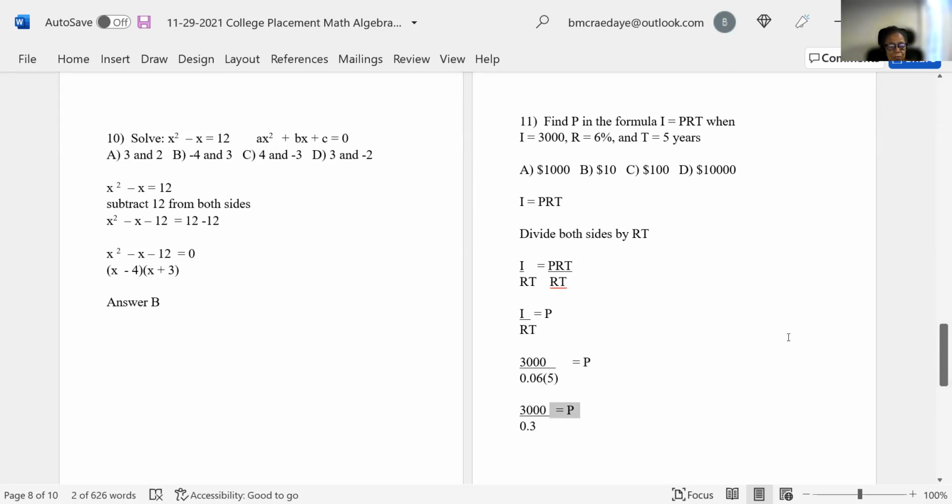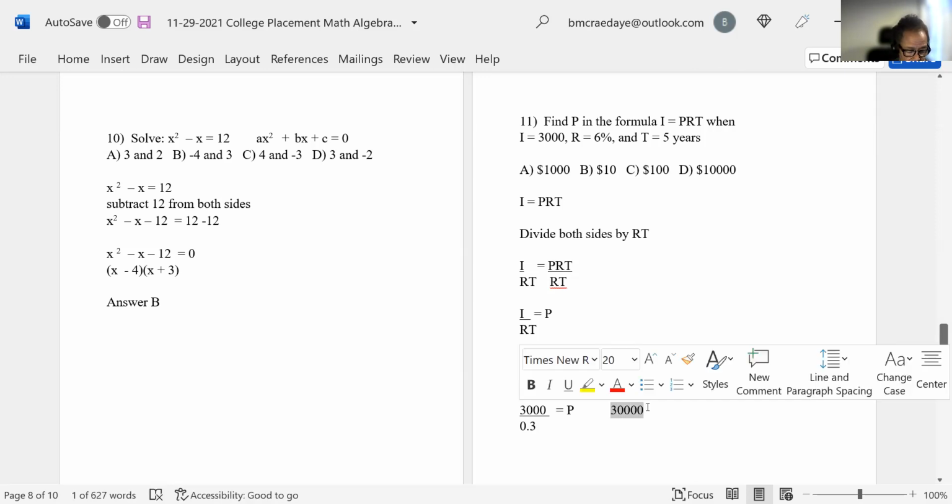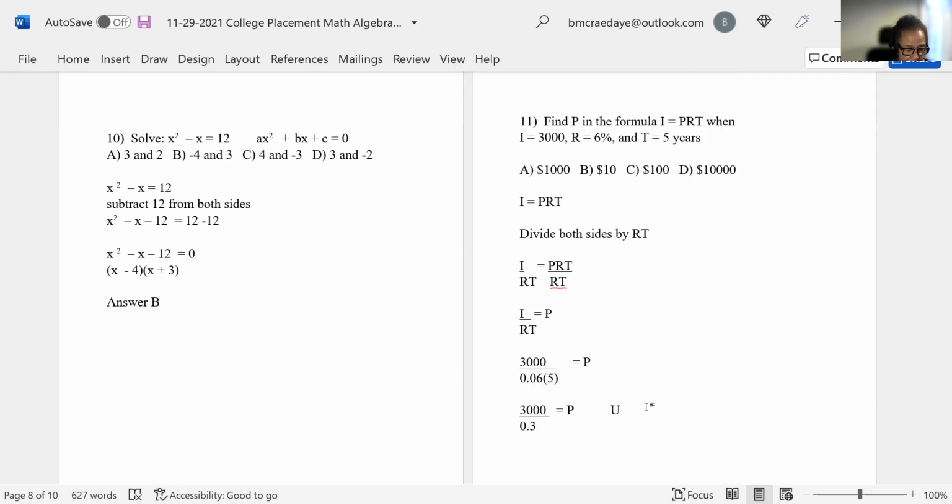Right, because 3,000 divided by 0.3, that's the same thing as saying 30,000 divided by 3, right? Because you could shift the decimal point over, and that's 30,000 divided by 3, which, like you said, is 10,000.